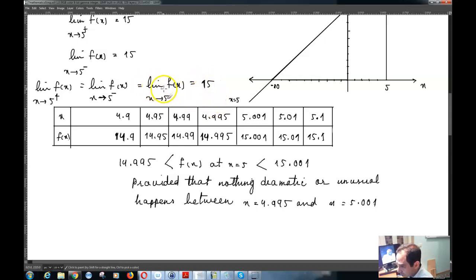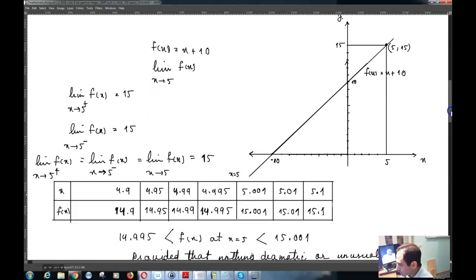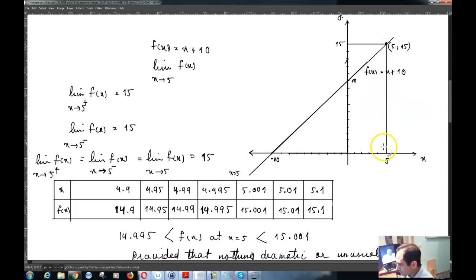And of course you can check the conclusion that we came to on the graph of the function. You can see that as you get closer to 5 from the left or from the right, the function is tending towards this point, which is 5, 15, which is the value of the function at that point x is equal to 5.